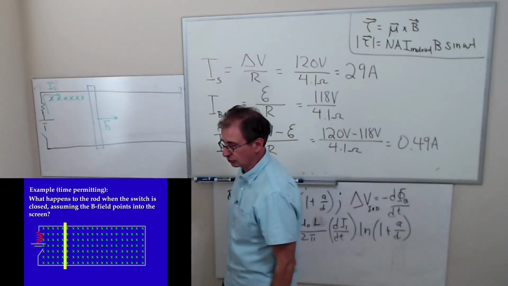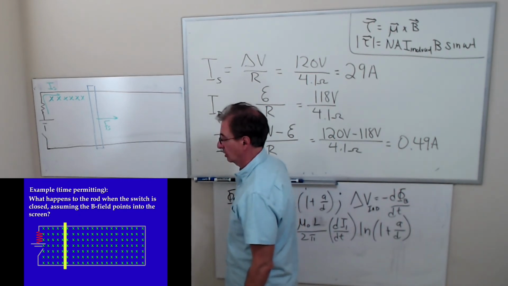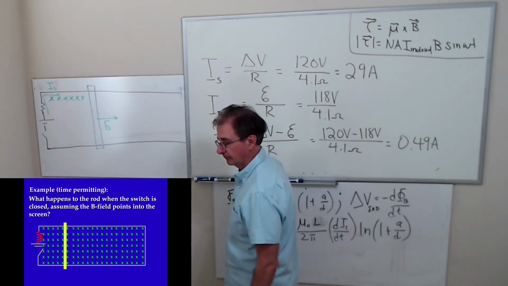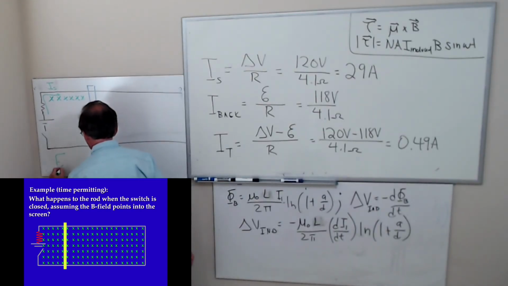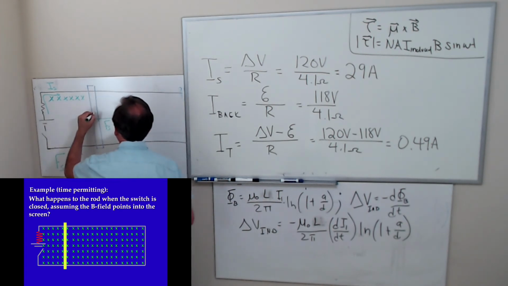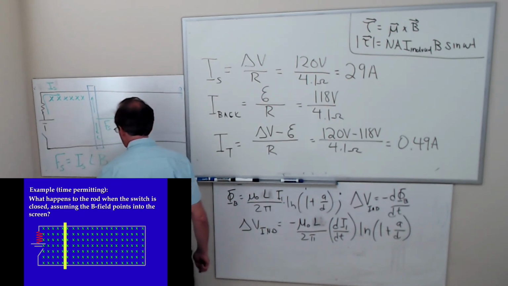Just use a right-hand rule. And so the force is I sub s, if the length of the rod is L, times the external magnetic field.